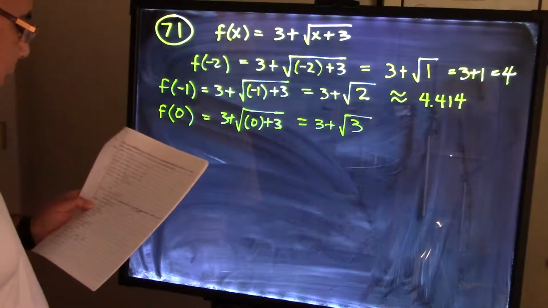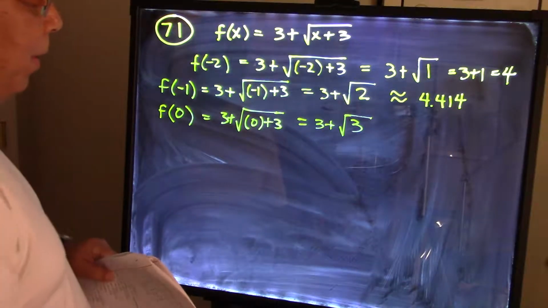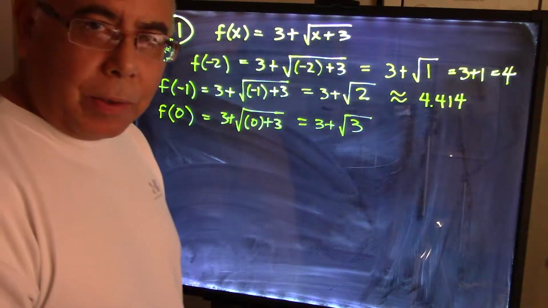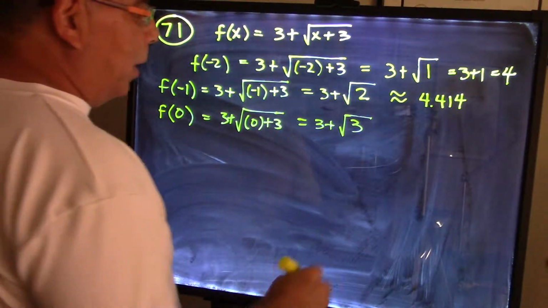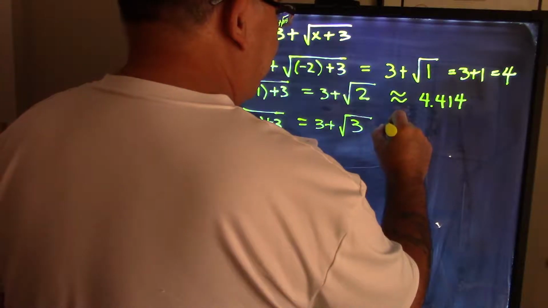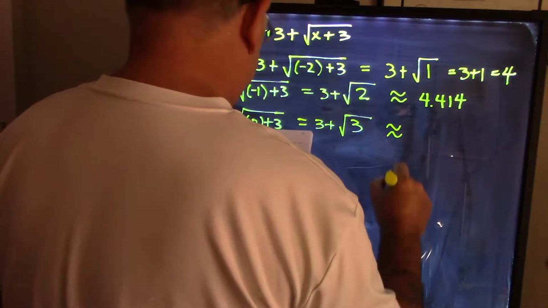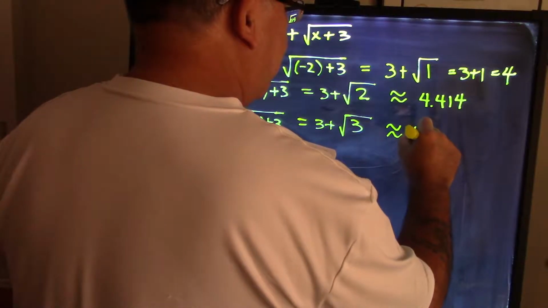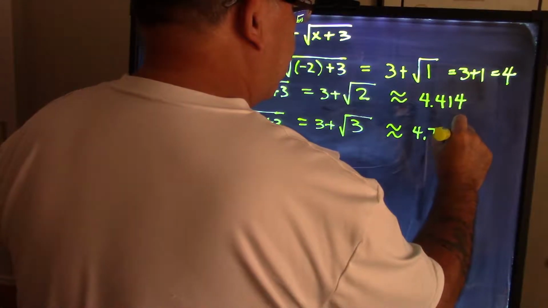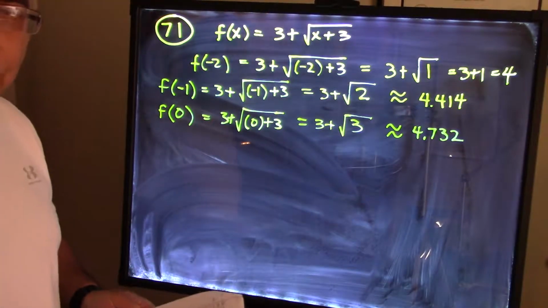Again, square root of 3 is irrational, and this would be the exact answer that you could leave if you're a mathematician. But a decimal approximation, you put that in your calculator. That's approximately 4.732. Okay.